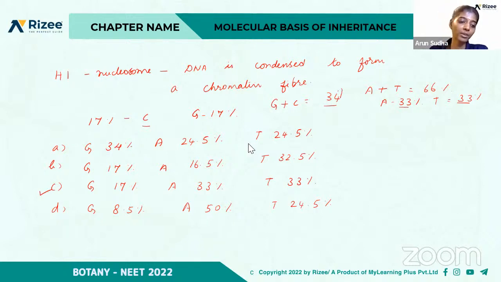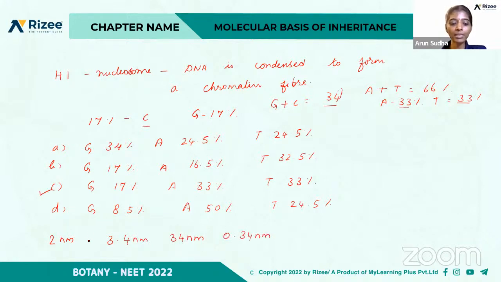So the next question is, how far is each base pair from the next one in the DNA double helix model? Option A, 2 nanometer, option B, 3.4 nanometer, option C, 34 nanometer, and option D, 0.34 nanometer.